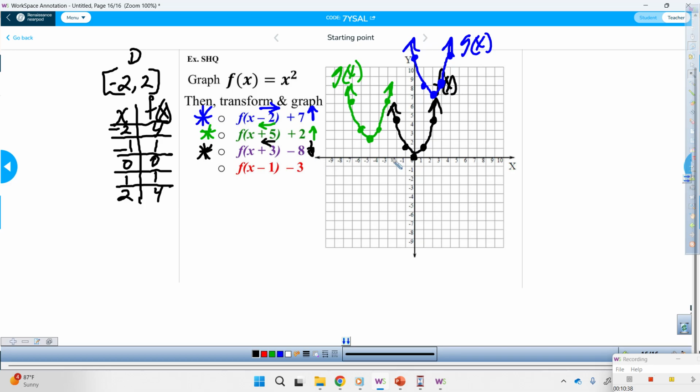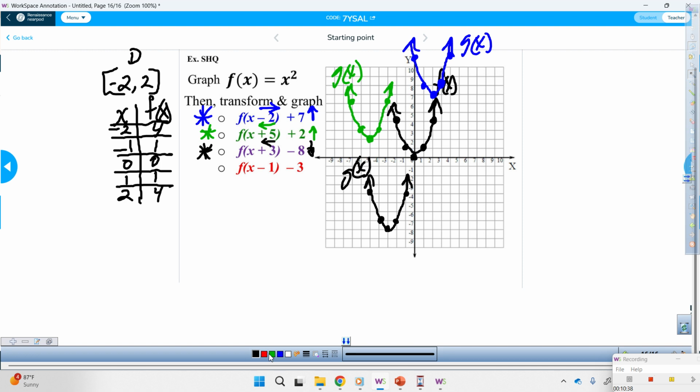So 3 to the left, down 8. 3 to the left, down 8. That is correct. That's our g of x.